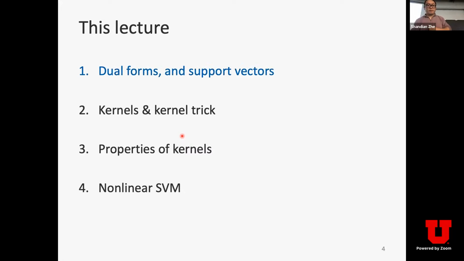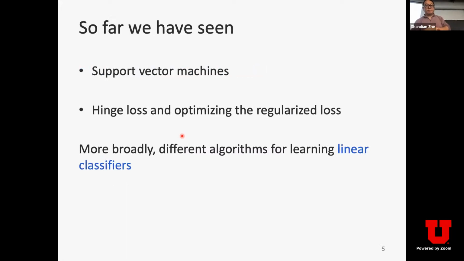Okay. So first, dual forms, right? So far, we have seen support vector machines, hinge loss, optimizing the regularized loss. More broadly, we have seen different algorithms for learning linear classifiers. But we know that linear classifiers are still limited in expressivity. What if we want to learn nonlinear classifiers?